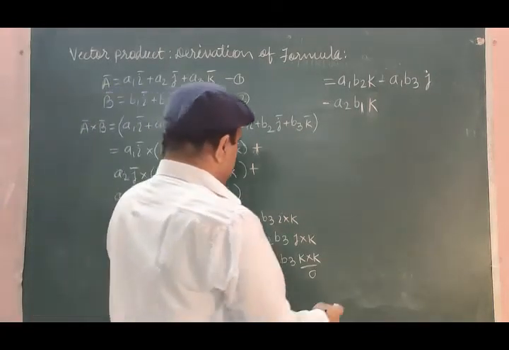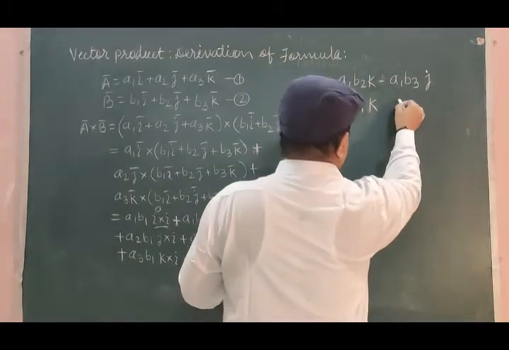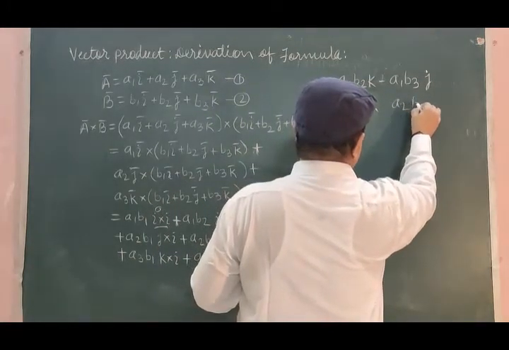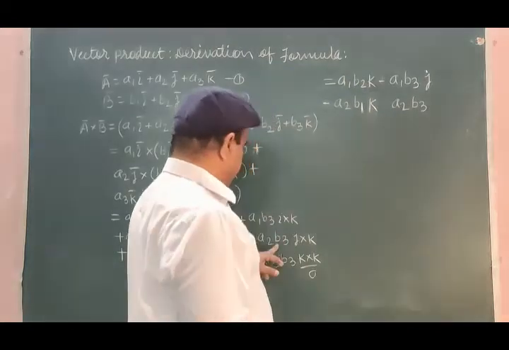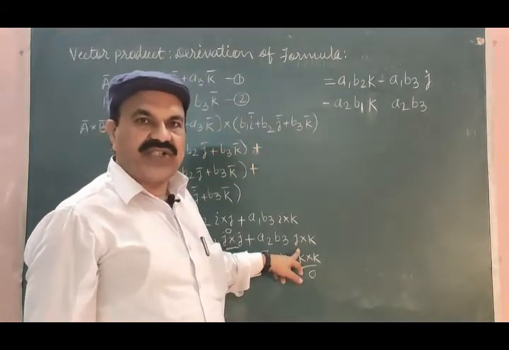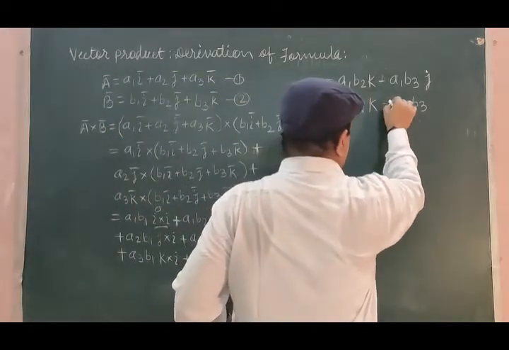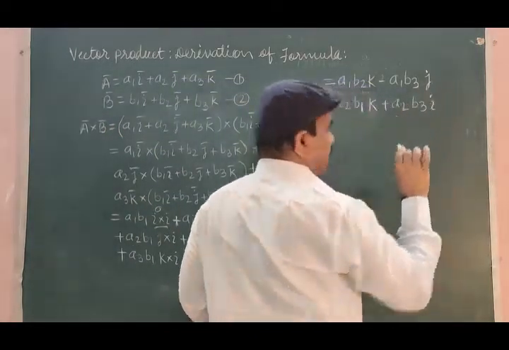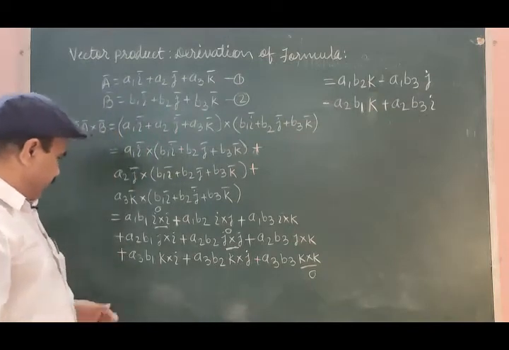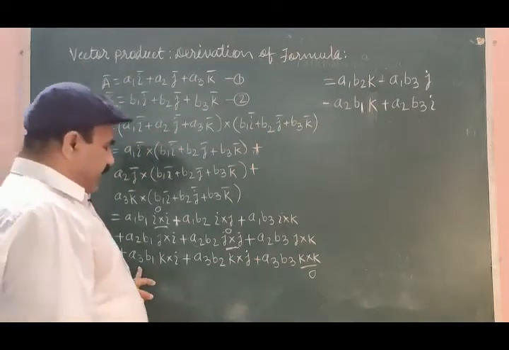Then come to the next term, a2b3 j cross k. j cross k is plus i, so just put plus here and i here. Then come to this term, a3b1.